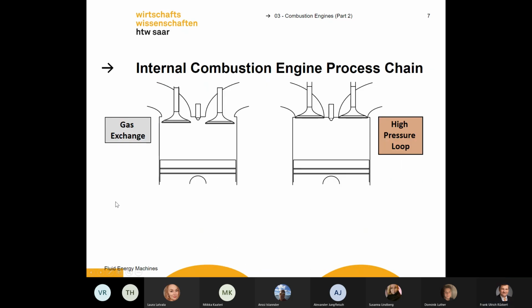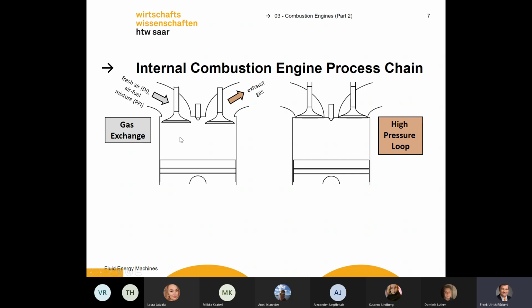Okay, let's look a bit deeper at the internal combustion engine. If we use a cylinder, we need a gas change. Fresh air has to enter the cylinder from the position of the intake valve, and maybe in old engines there was already fuel mixed in this fresh air stream, but you can also inject it inside the cylinder.